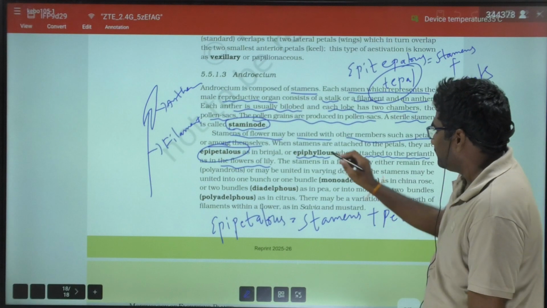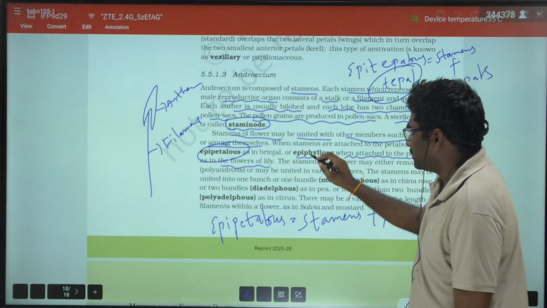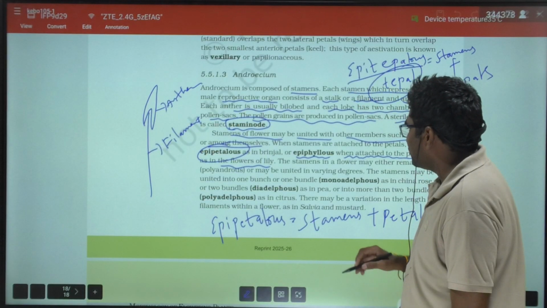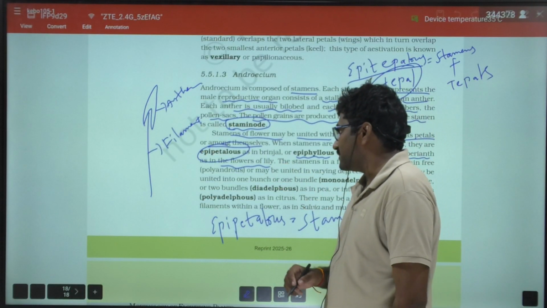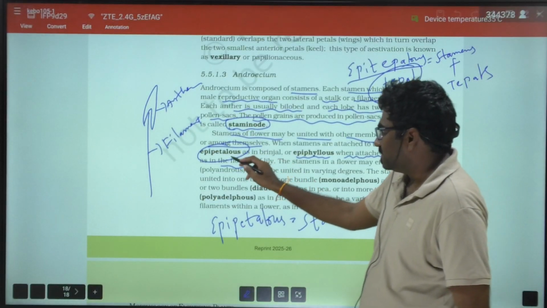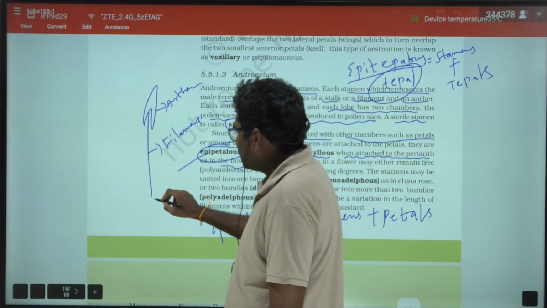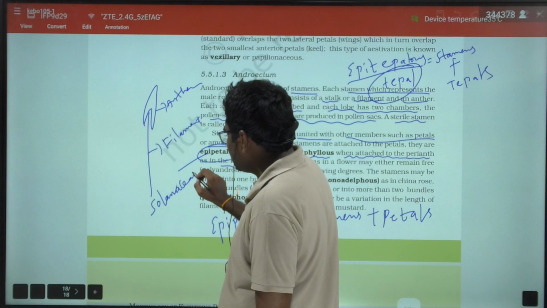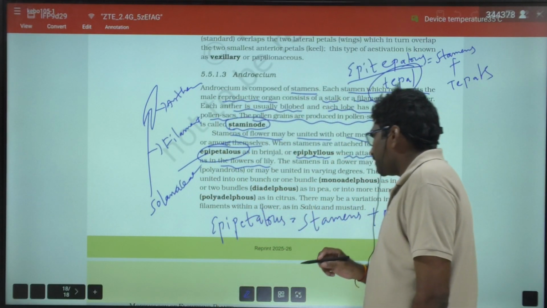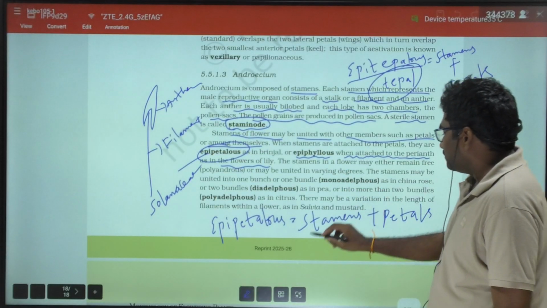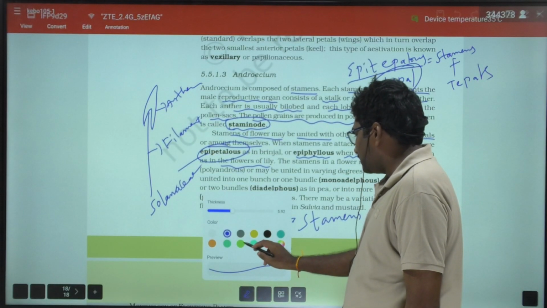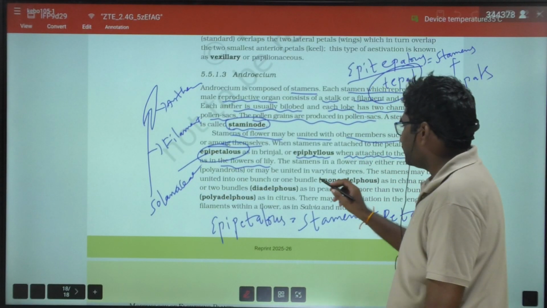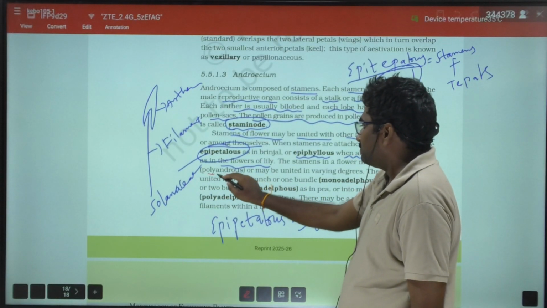That is known as epiphyllous or epitepalous. The other word for epiphyllous is epitepalous. It is found in the Liliaceae family, whereas epipetalous is found in the Solanaceae family, that is brinjal.